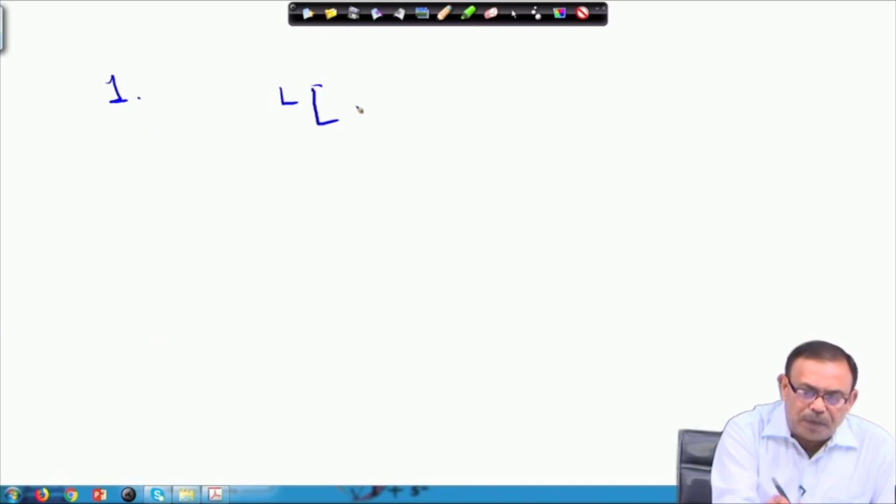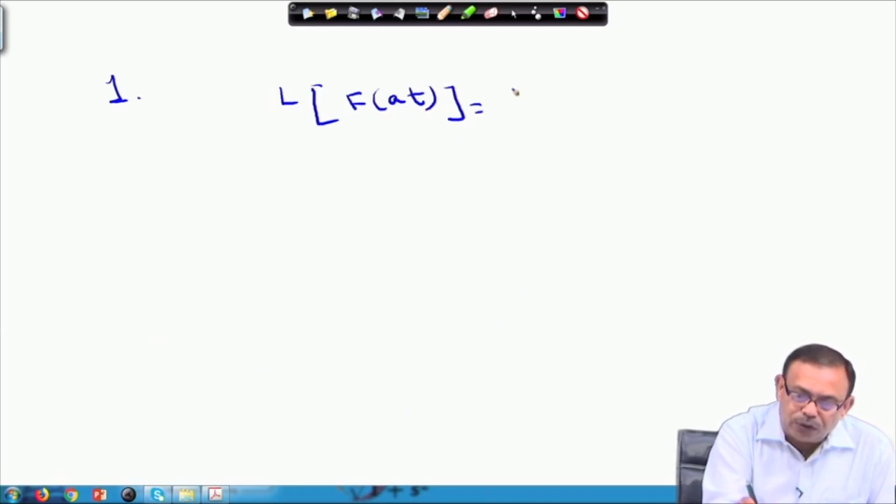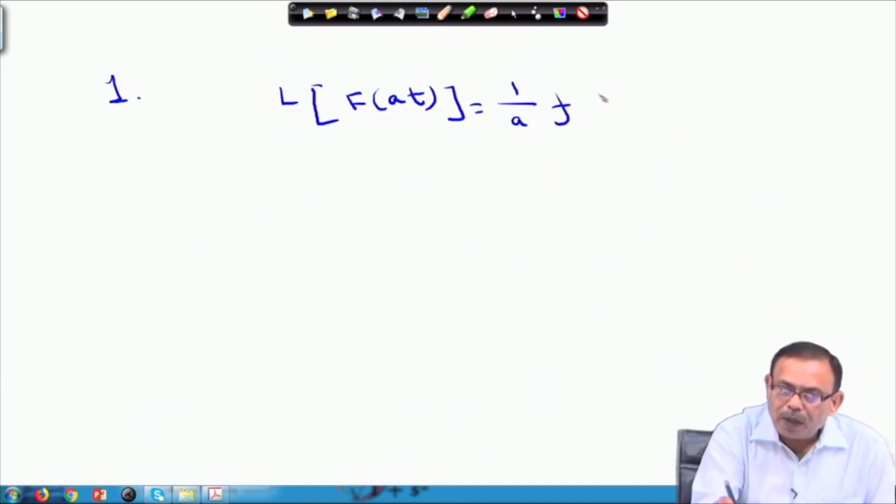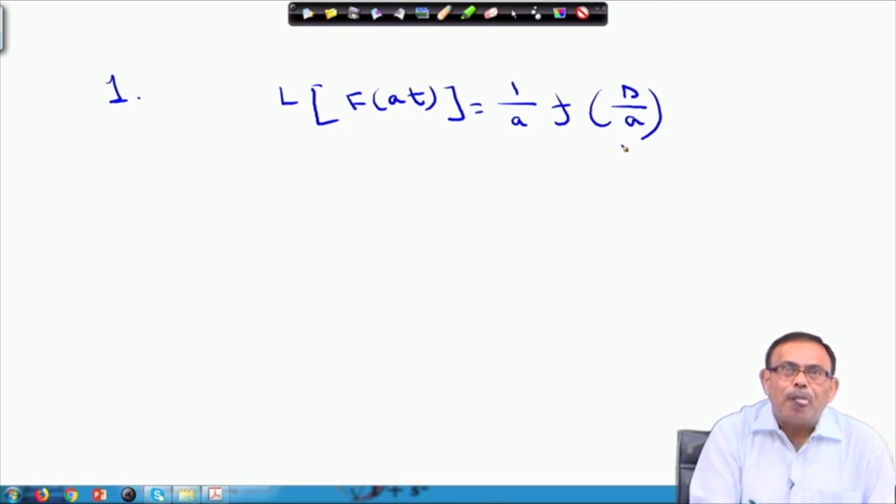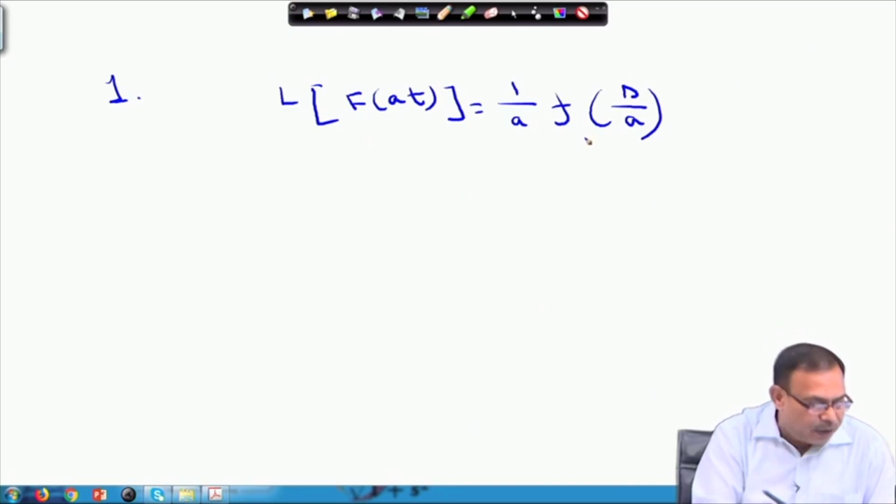Now, the next one, the Laplace transform of J0(at), that is number 1. You know this property: if the Laplace transform of f(t) is F(s), then the Laplace transform of f(at) is 1 by a times F(s by a).